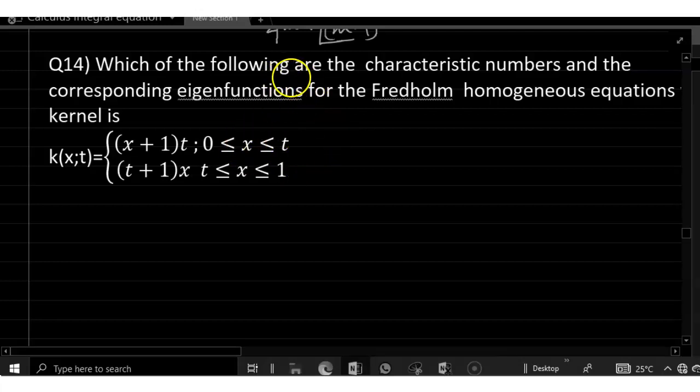Which of the following are the characteristic number and the corresponding eigenfunctions for the Fredholm homogeneous equation?